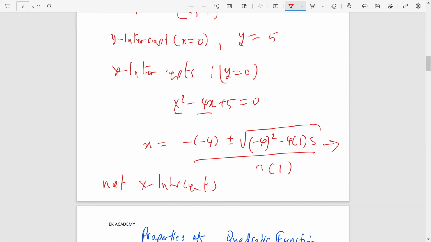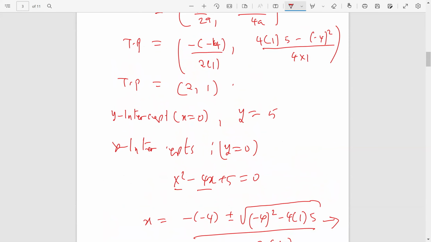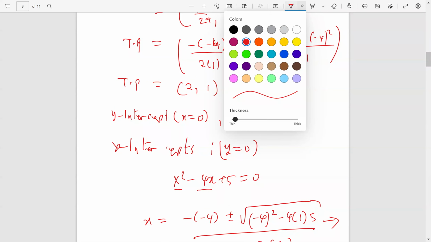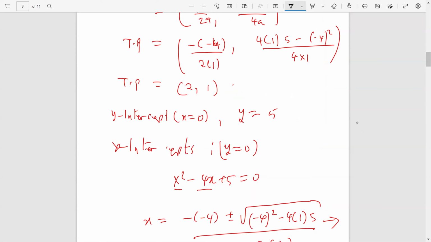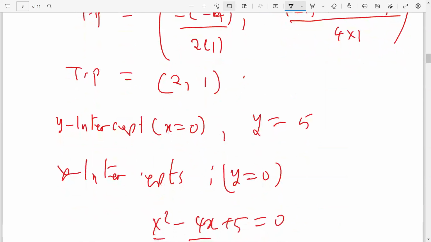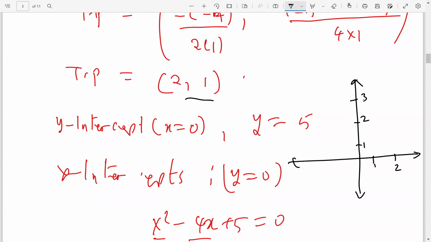So if there is no x-intercept, we're going to sketch the graph. How do we sketch the graph? I'm going to give you an idea by using the data we have. The turning point was 2, 1, so 1, 2, 3; 2, 1 is a point there.